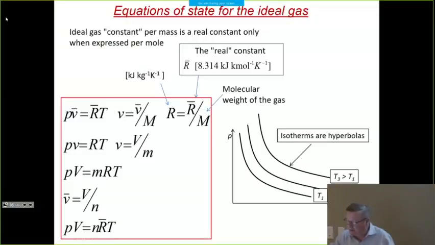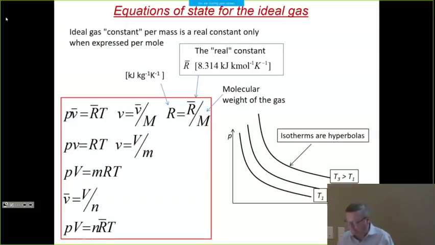So we can do exactly the same operation on the ideal gas constant and define an ideal gas pseudo constant, which varies from gas to gas because it's the ideal gas constant divided by the molecular weight. So this is still constant within the same gas, but it is dependent on the gas. And you can write PV as RT, without the bars, and now you have it per mass.